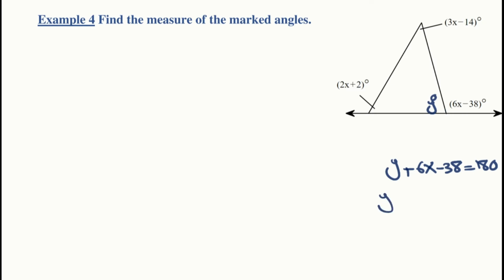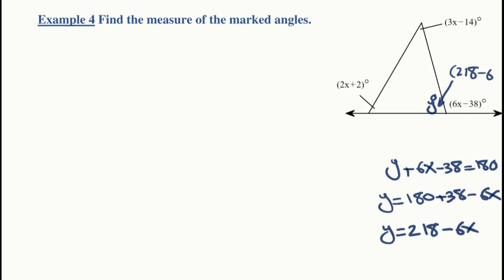So if you solve this for y, you get 180 plus 38 minus 6x, right? So we get y equals 218 minus 6x. So now we know what can go in here, right? We know that the angle there is 218 minus 6x degrees, right?